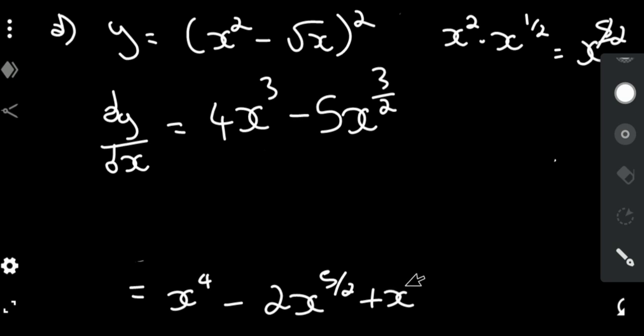Then when you differentiate x, you're simply gonna get 1. So this is our derivative.